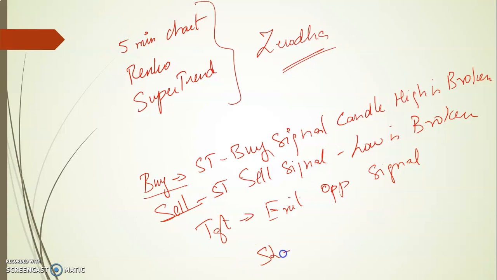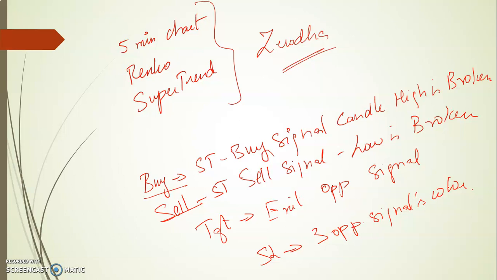So what is the stop loss? Three opposite color signals. Which means if you are in a buy trend and you get three sell candles, exit. If you are in a sell signal and you are riding it, and you get three green candles, exit. That is the stop loss.